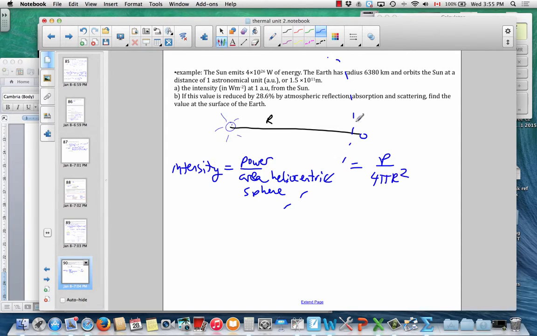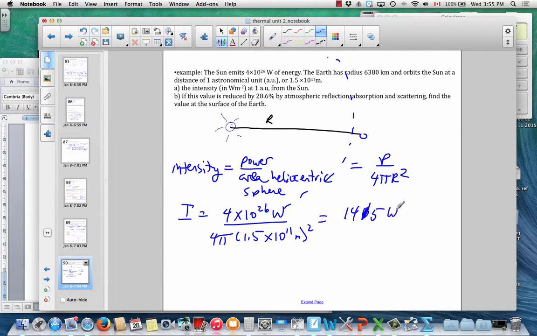So the solar intensity anywhere on this sphere is that energy of the sun spread out over its surface area. So there was 4 times 10 to the 26 joules each second emitted by the sun. By the time you're 150 million kilometers away, that's been reduced down to about 1,400, well, I guess it's 1,415, calculated, watts per square meter.